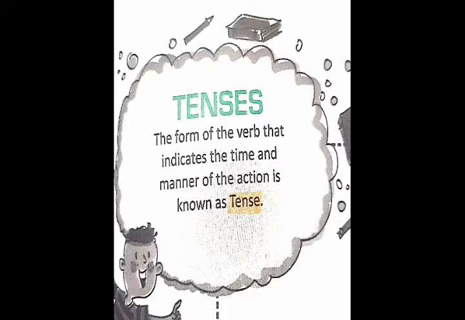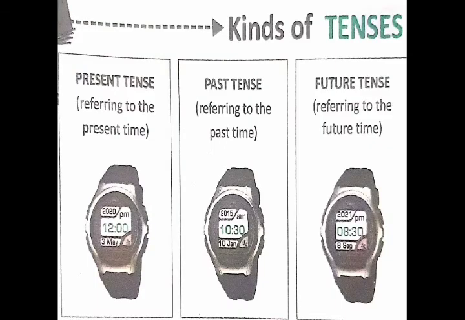Now, the time the action took place could be past, present, or future. So, tenses are mainly divided into three types: past tense, present tense, and future tense. Now, each of these tenses has four subtypes: simple, continuous, perfect, perfect continuous.